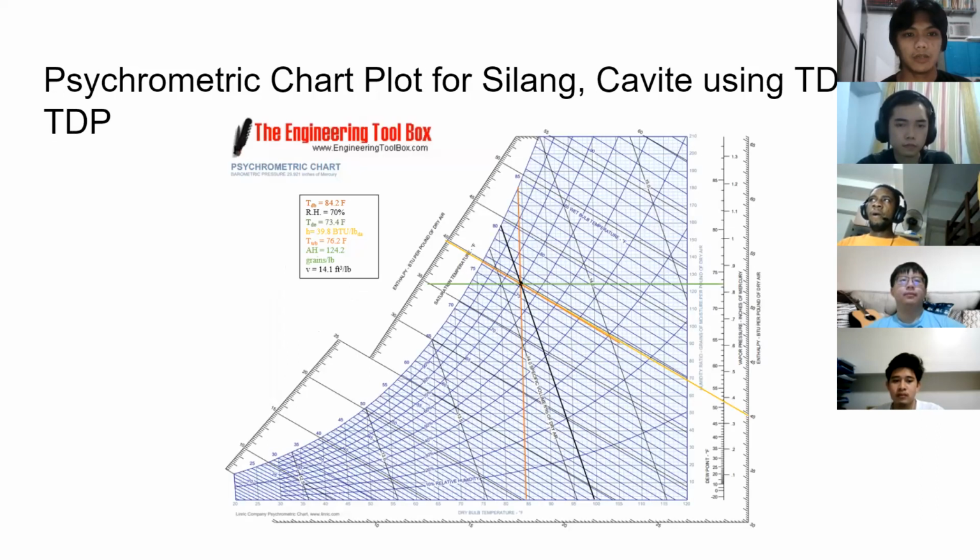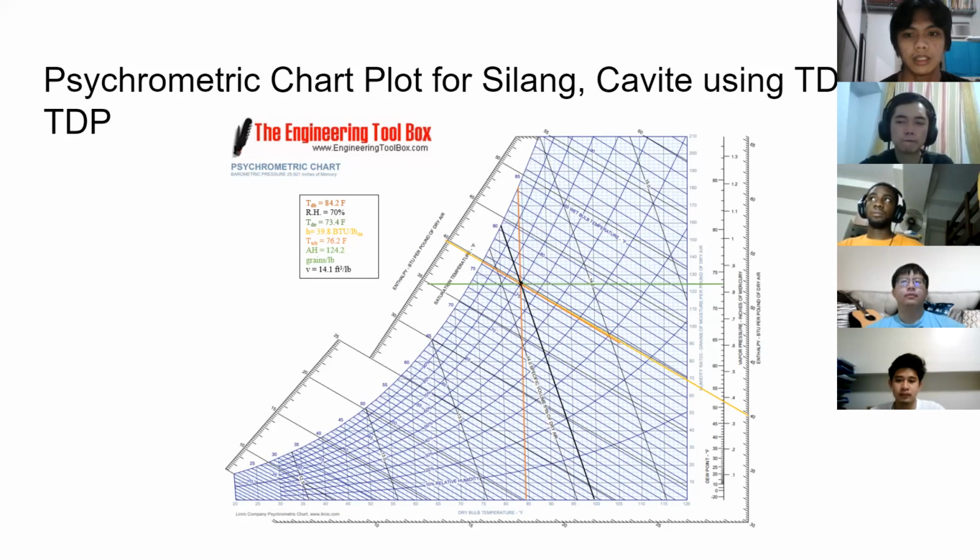So the chart, we got it from engineeringtoolbox.com, and I used the temperature of the dew point and the temperature of the dry bulb as the initial plots for me to reference where I would be able to estimate the relative humidity, which I estimated to be 70%.